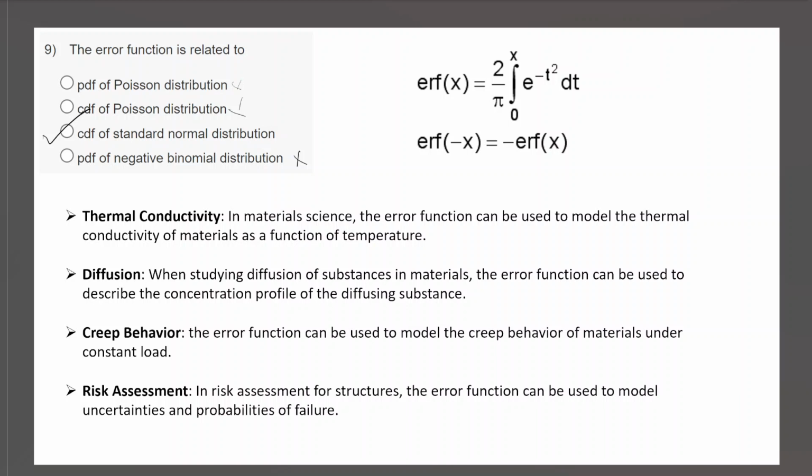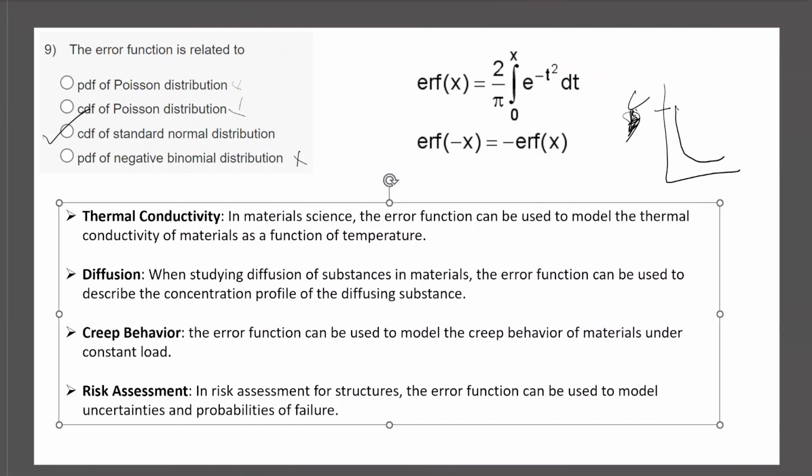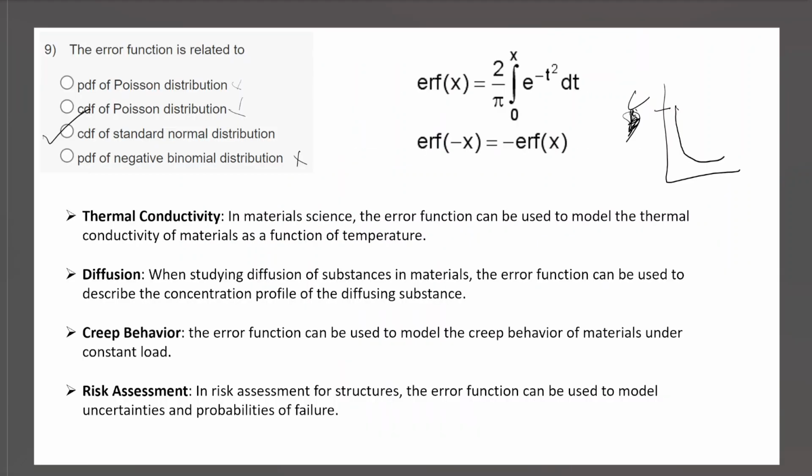Then diffusion, for example. Near the surface, the composition of a particular element will be high, but once we move along x, the concentration decreases.